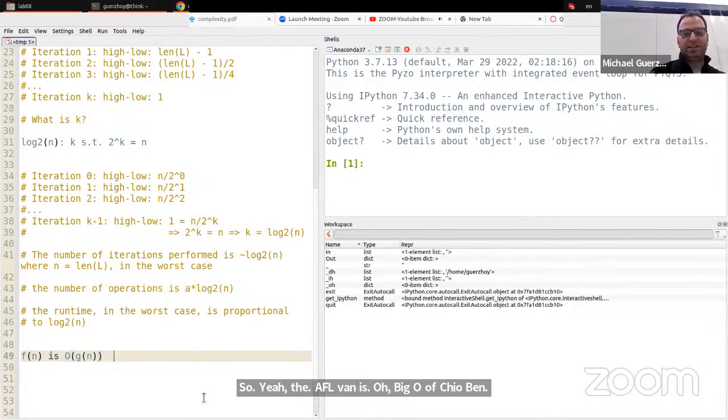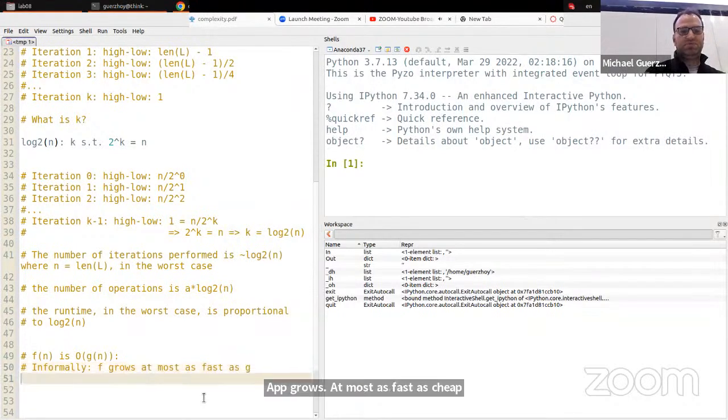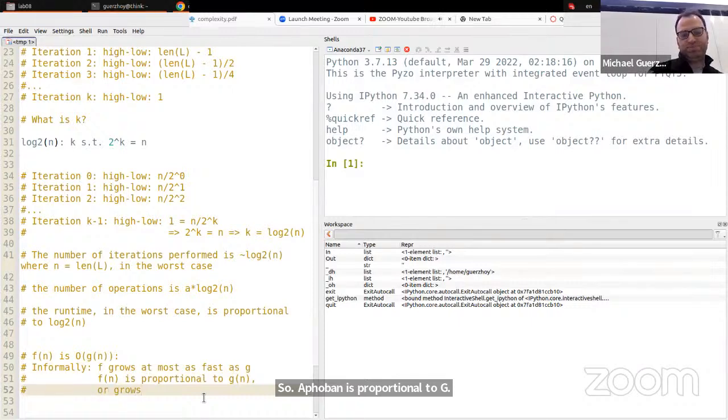Informally, what we mean is f grows at most as fast as g. So f of n is proportional to g, or grows more slowly.